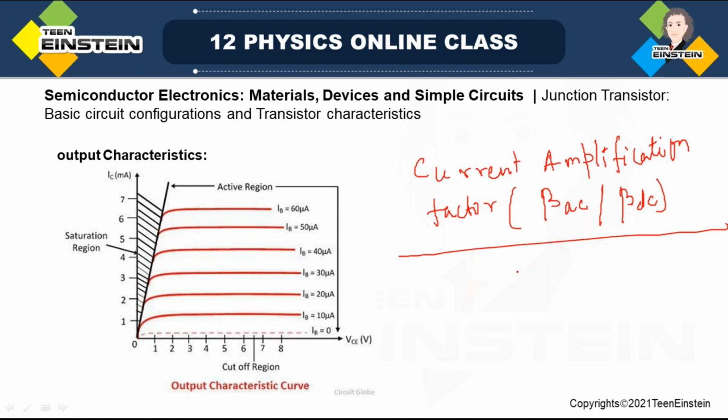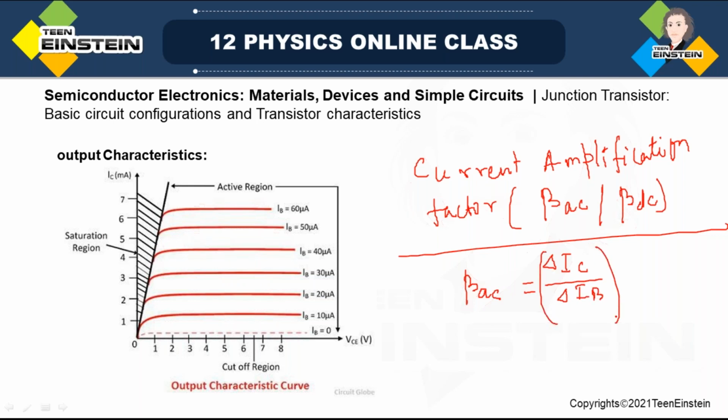So current amplification factor is defined as the ratio of change in the collector current to the small change in the base current. I'm sorry, beta AC. Let me write this beta AC. This is actually the current gain, meaning the change in the output current or collector current to the small change in the base current.